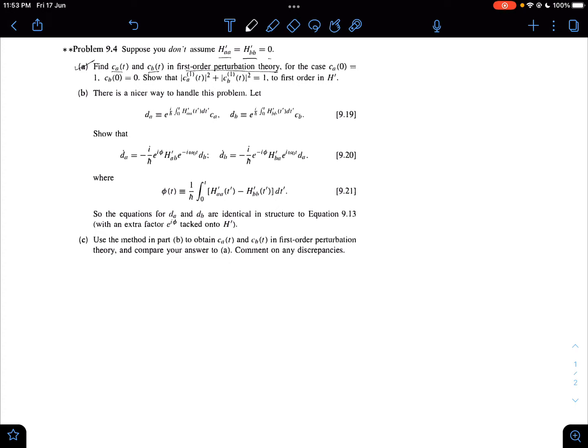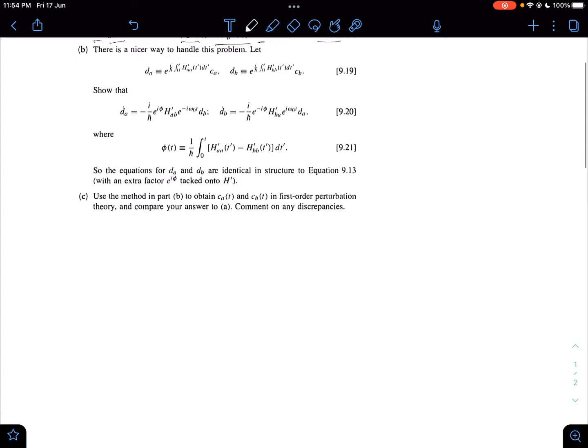The initial condition is c_A(0) is 1 and c_B(0) is 0, that means initially our system is in the ground state. Then we have to calculate the ground state probability after a time t, and the upper state coefficient after time t, and show that the total probability is 1 to first order in H prime.